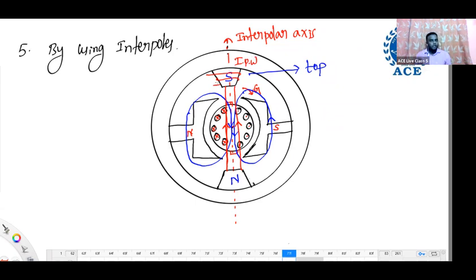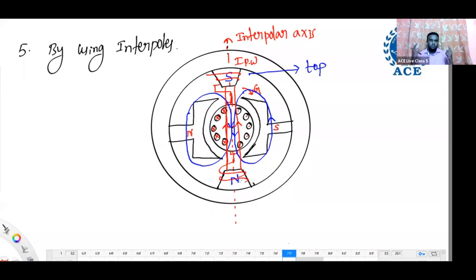And who will supply current to that interpole winding now? Interpole winding, field winding means there must be a current. Armature will supply, from the armature only. We connect it in the same way as the compensating winding, in series with armature.